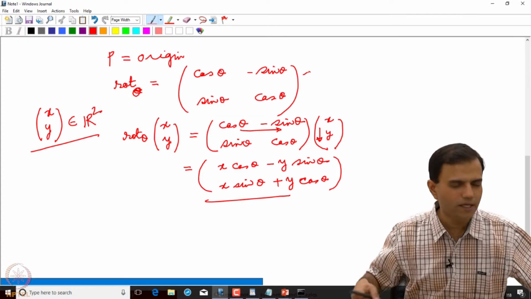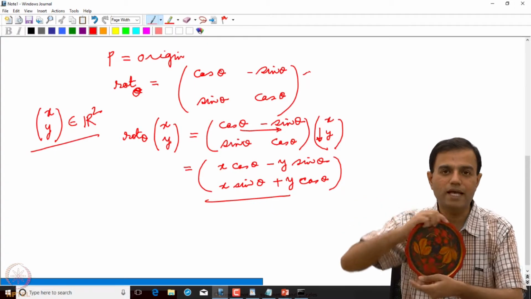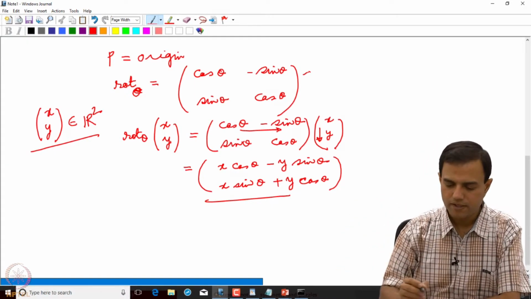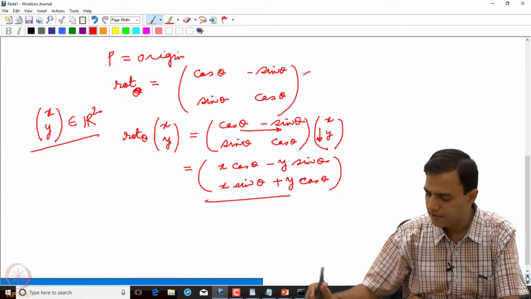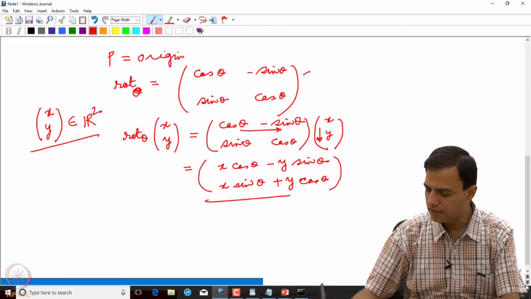So rotation is simply, as I am saying, you fix a point, just rotate. As simple as that. You are already aware of that. And then we have reflections, right? For reflections, we pick a line.